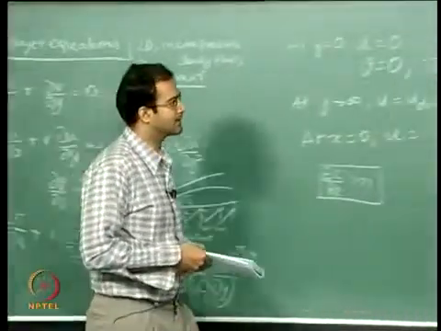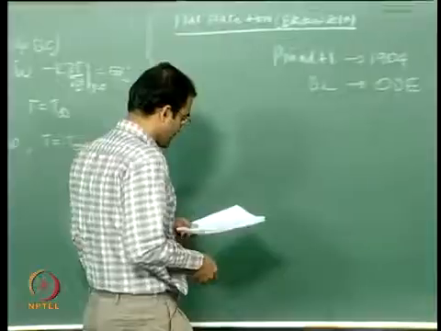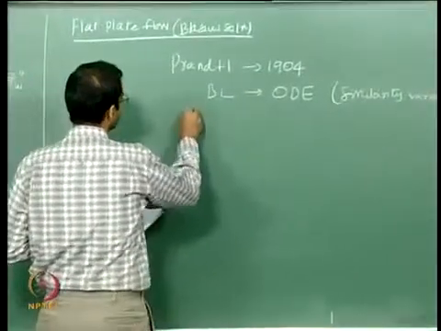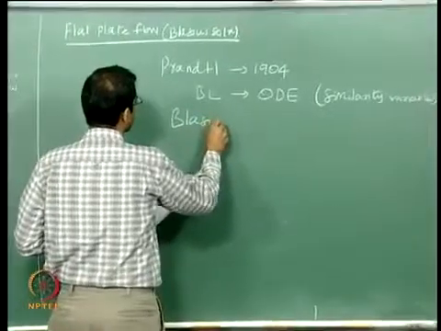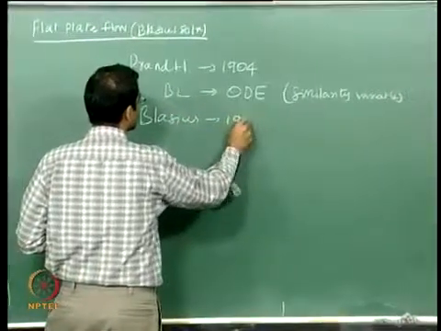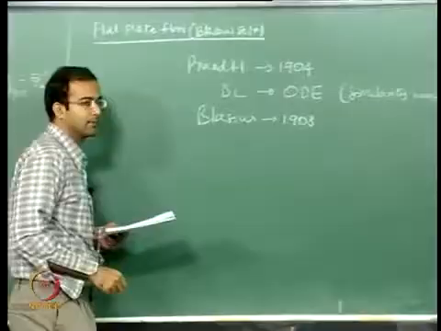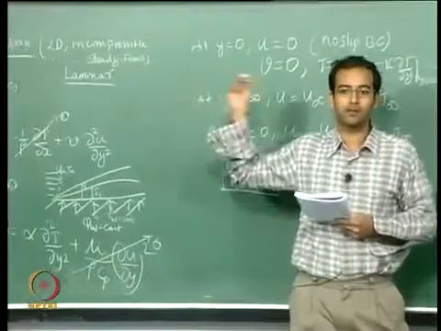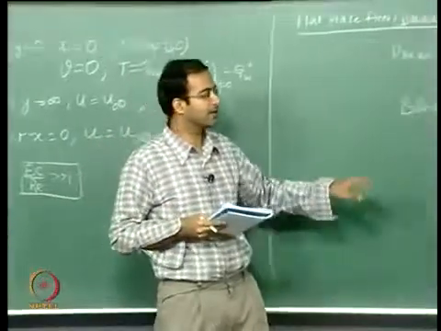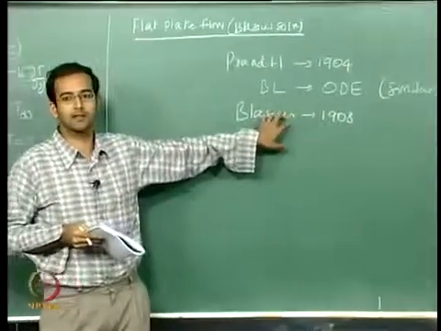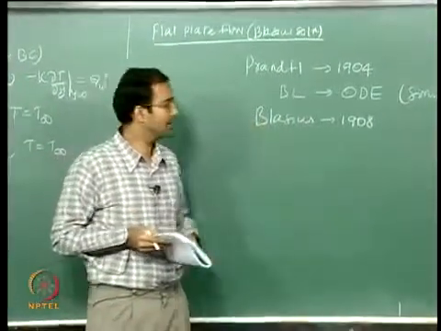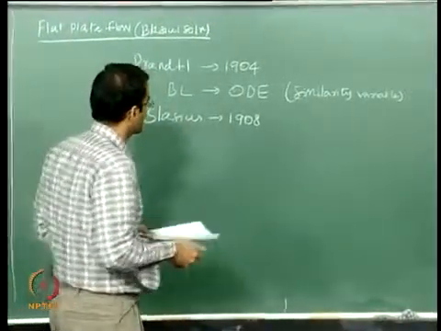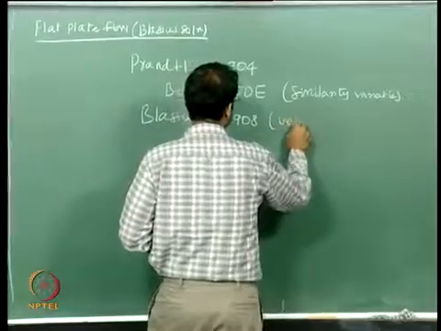This is called a similarity solution, and in fact it was a student, Blasius, in 1908 who did this similarity solution for the flat plate, which we are going to do. What we are going to do next is identically trace what Blasius did, exactly the way he solved it. So he got the solution for the flat plate velocity profiles.